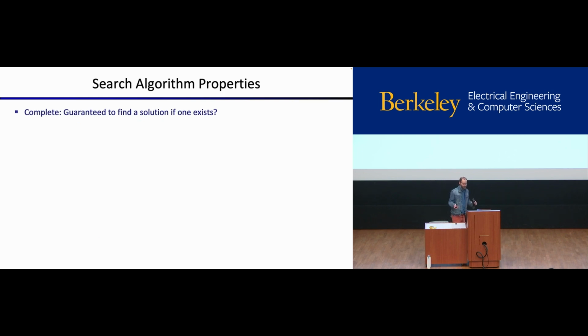First question, and this was a property of search algorithms I told you we'd talk about at the beginning. Is it complete? That is, is it guaranteed to find a solution if one exists? Have a think about this, and then I'll wait to see like 5 to 10 hands.